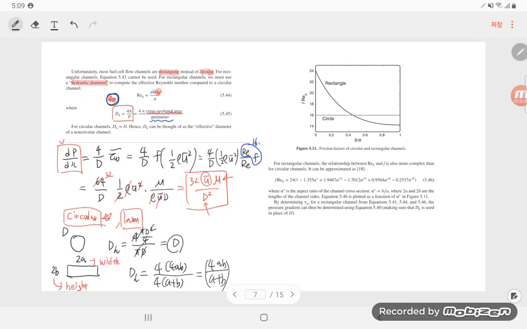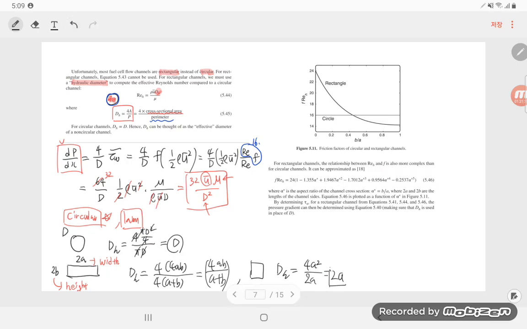And how about the square? In the square, a equals b, so 4a square over 2a, which is 2a.